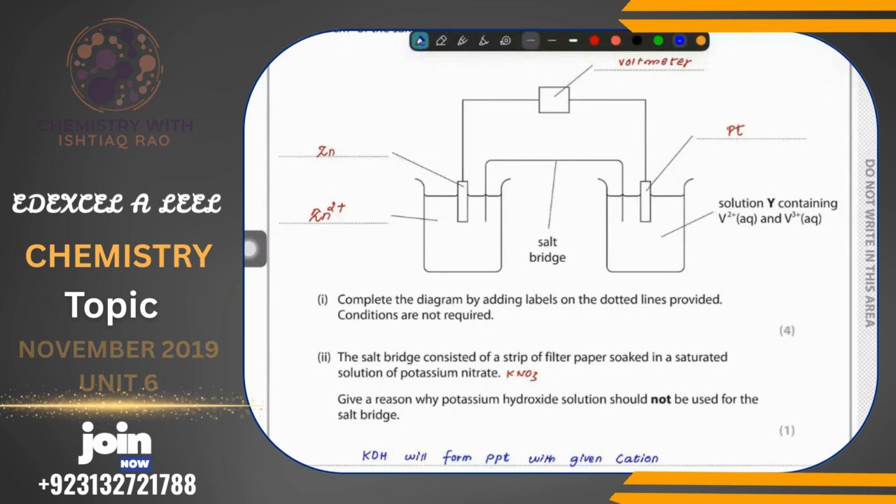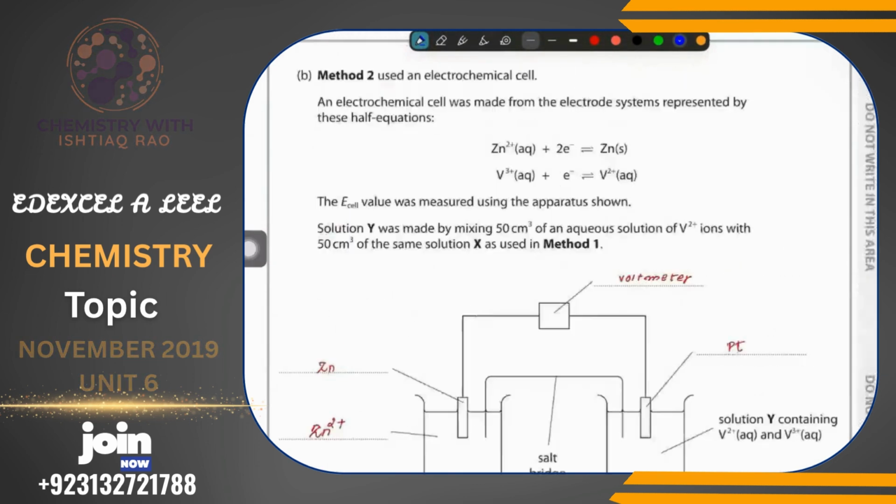So these equations are given to you. Zinc 2 plus is going to gain 2 electrons and form zinc, and V3 plus is going to take 1 electron and form V2 plus. Then we have to cancel out electrons, but in both equations the electrons are on the left hand side. So we have to flip one of the equations so that we can cancel out electrons on opposite sides.